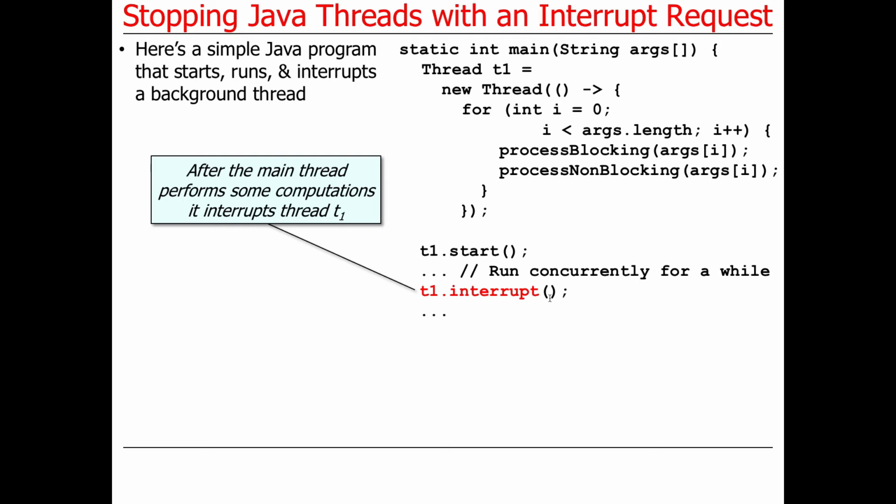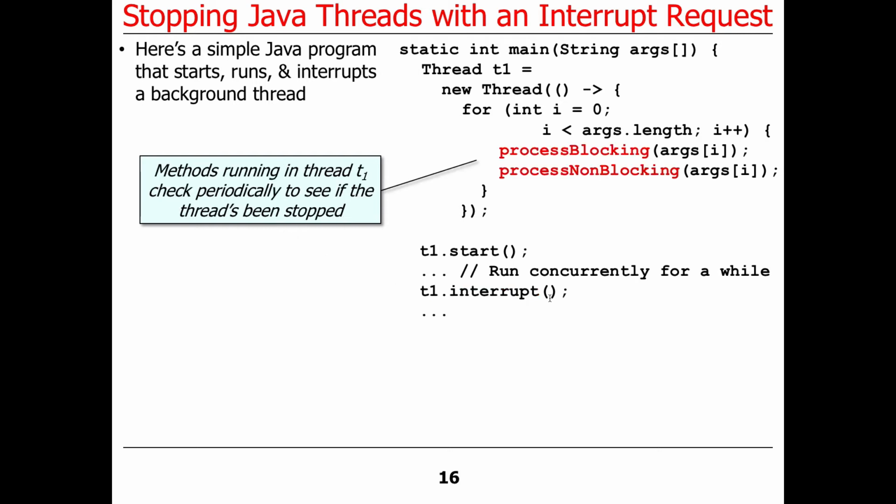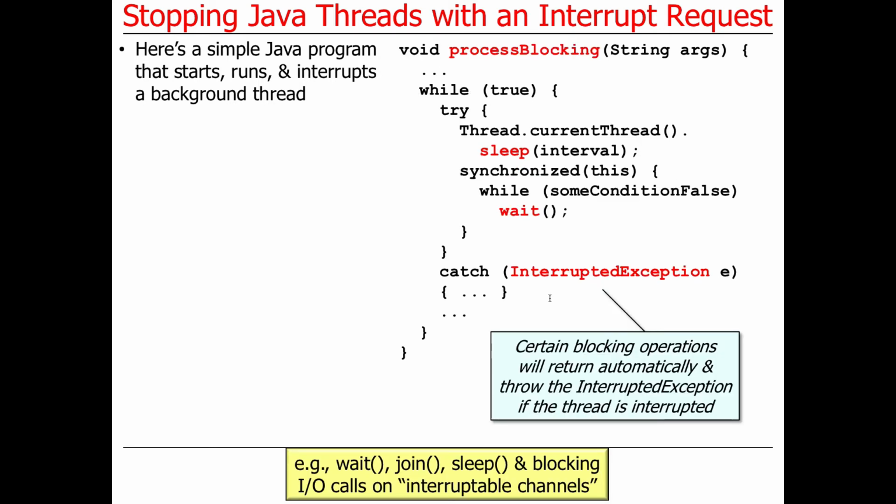You can see it does that by saying t1.interrupt, where t1 is the thread object. So that goes ahead and says, please consider shutting yourself down. And the 2 methods, processBlocking and processNonBlocking, inside that background thread have to be implemented in a way to voluntarily check to see if an interrupt occurs. So let's take a look at processBlocking first. So what does it mean to be blocking?